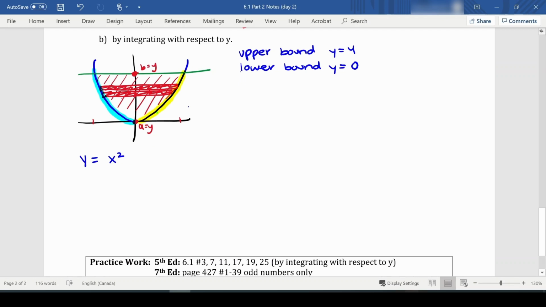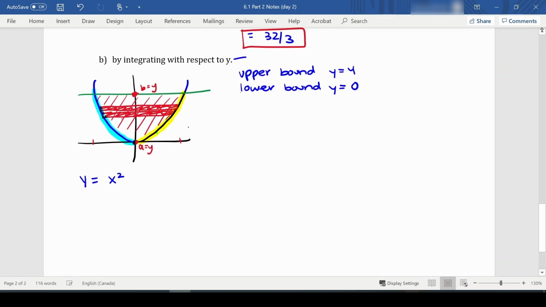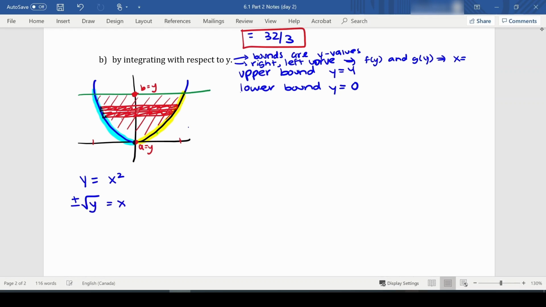So as soon as you see with respect to y, we know that our bounds are y values. We should have a right curve and left curve. Okay, these should be f of y and g of y, or in other words, written as x equals. So if I rewrite this as x equals, I get plus or minus root y equals x.